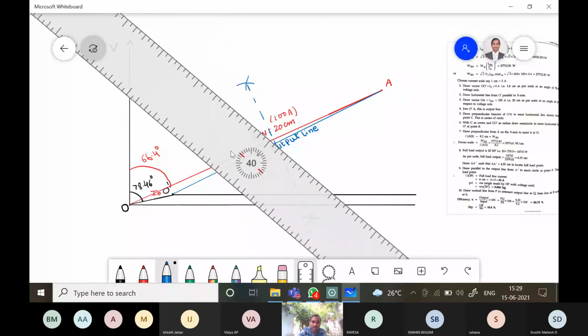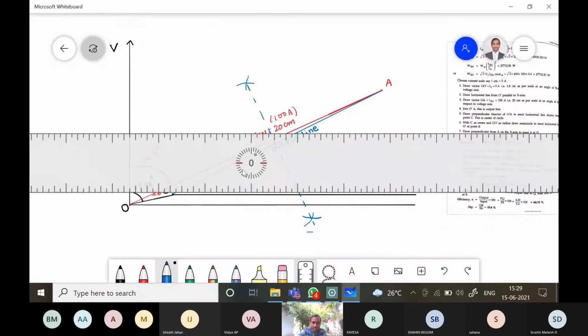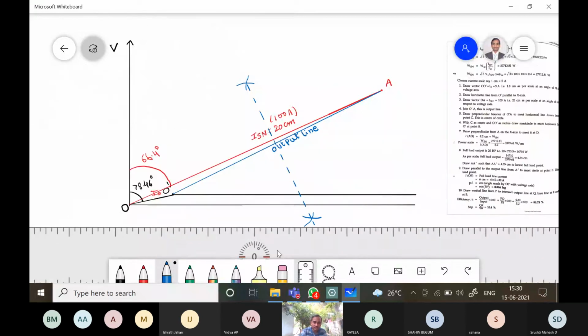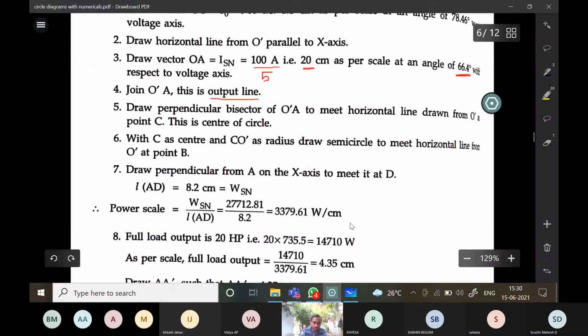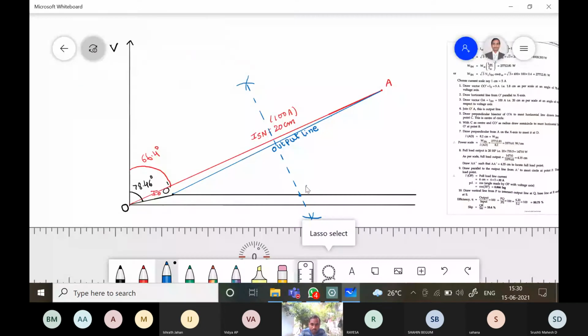It will touch the horizontal line, and this point is taken as point C. All of you got this up to here?